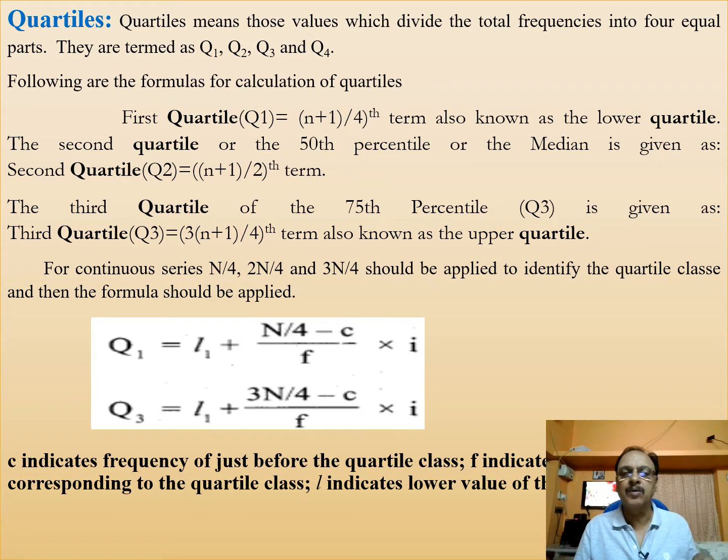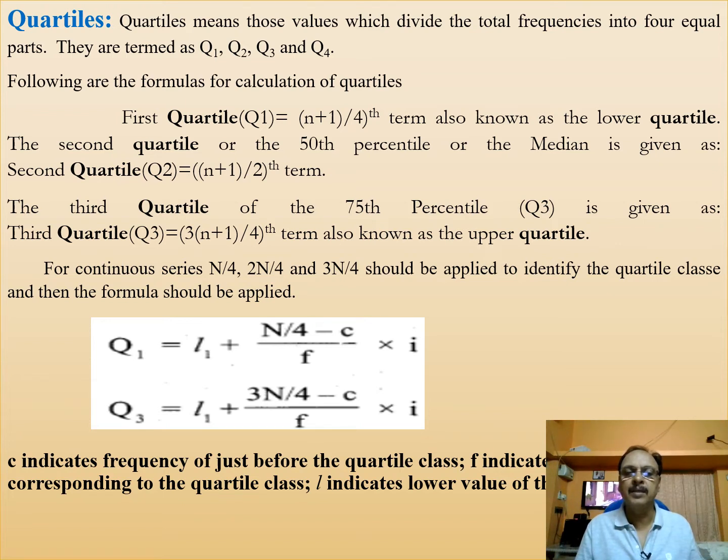First we are to study Q1, but Q4 is full, and thereby only Q1, Q2, Q3 can be studied. Q1 for the individual observation is the (n plus 1) by 4th item, also known as lower quartile. And the second quartile is the (n plus 1) by 2th item because it is median.